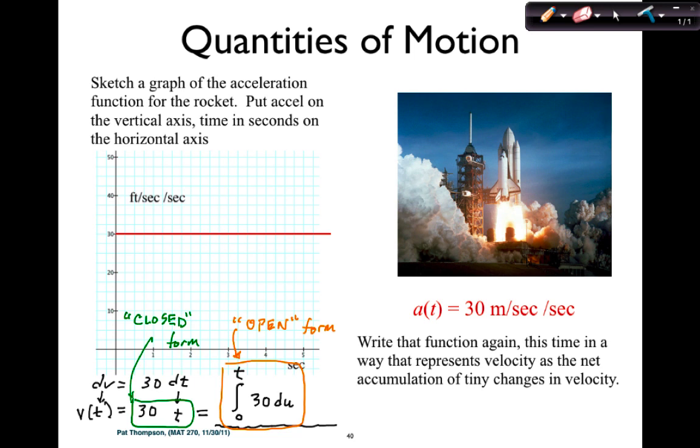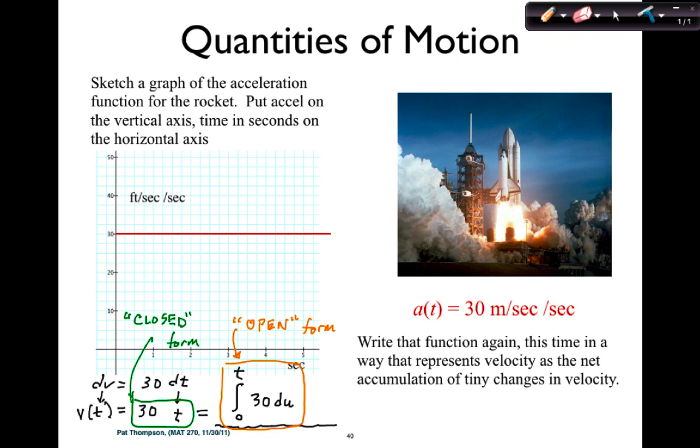It generates values of the function very easily. Given a t, boom, 30 times t gives you the value of the function. So that's what we like about closed form. Open form, we like that it represents the meaning. Closed form, we like that it gives rapid results. We get lots of values of the function very easily.